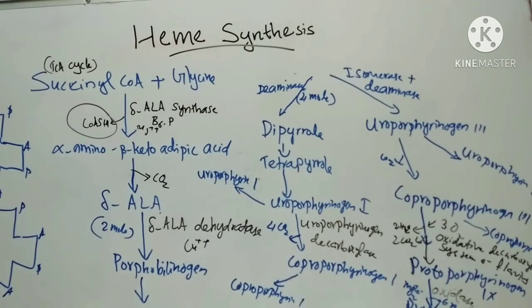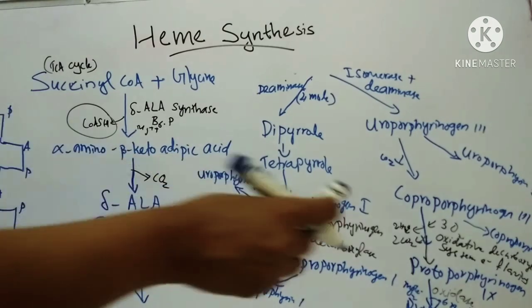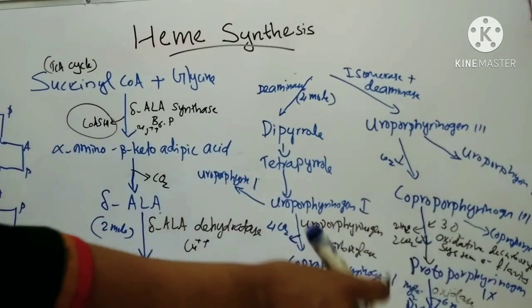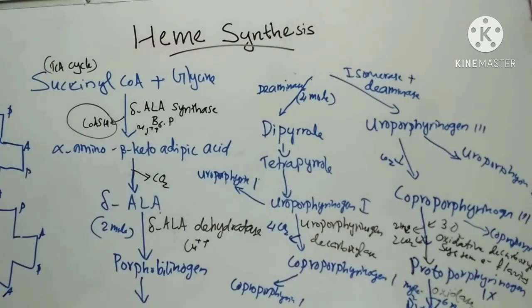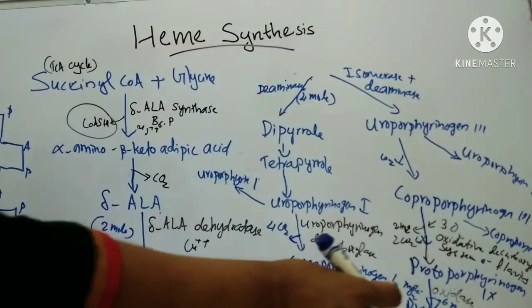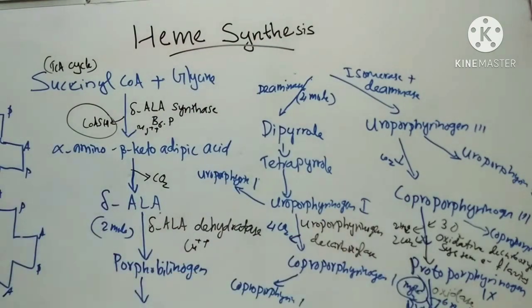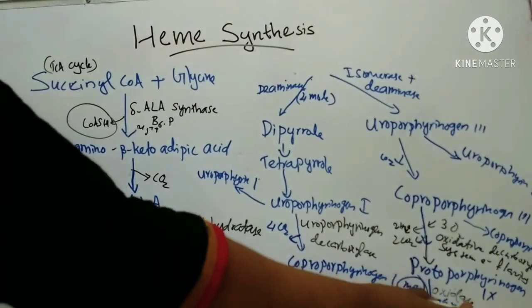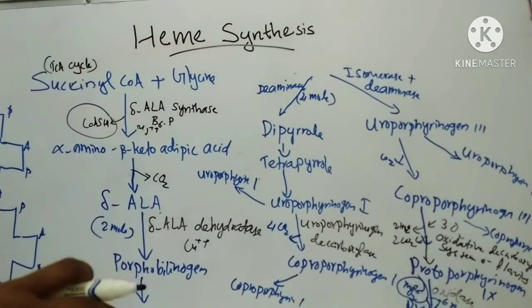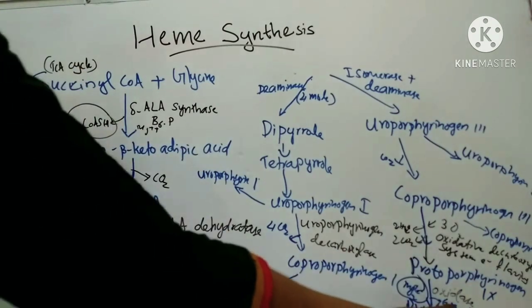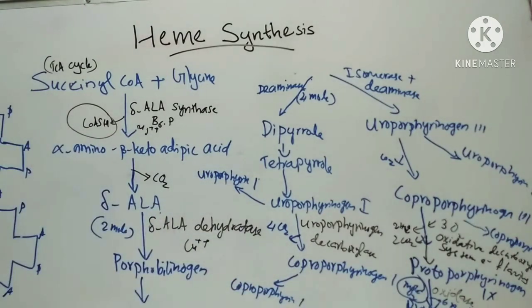So protoporphyrinogen 9 is converted to protoporphyrin 9 by another oxidase system, that is protoporphyrinogen oxidase. This step requires the presence of molecular oxygen. Though the protoporphyrin is derived from type 3, that is the major series, it is called protoporphyrin 9 because it is discovered in the 9th experiment.